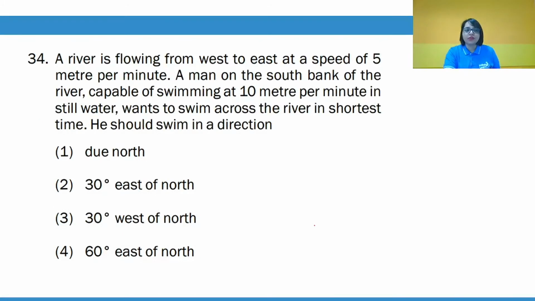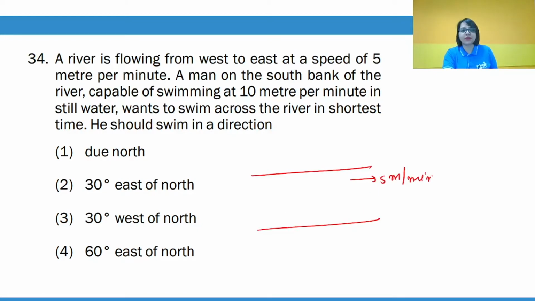Question number 34. River is flowing due west to east at a speed of 5 meter per minute. A man on the south bank of the river, capable of swimming at 10 meter per minute in still water, wants to swim across the river in shortest time. So time is given by d, where d is the width of the river, divided by u cos theta.